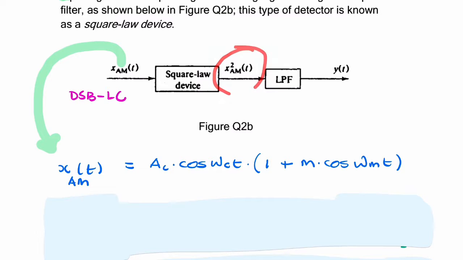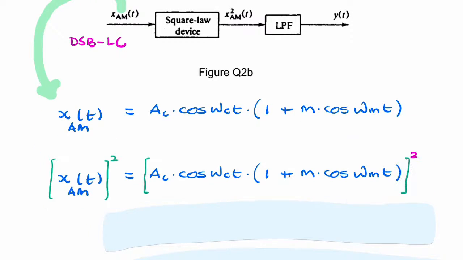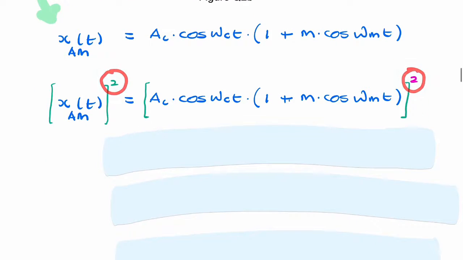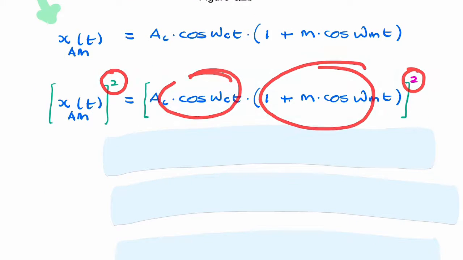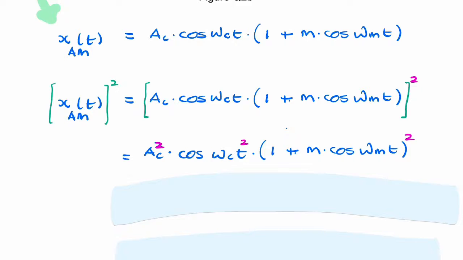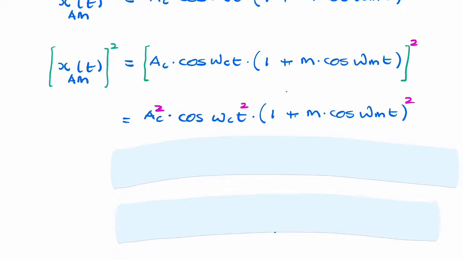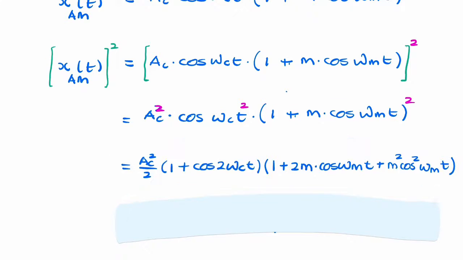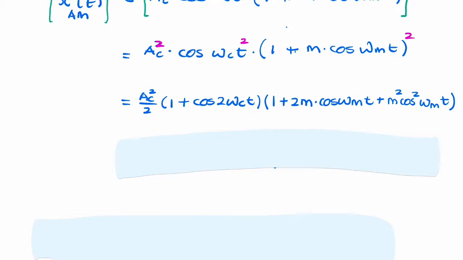The output of the square law device is that squared. So if we square that, that's the output. That means we'd square both of these terms. And then you have a cosine squared, and you have this binomial that's squared. And when you do that, you end up with A_c squared.